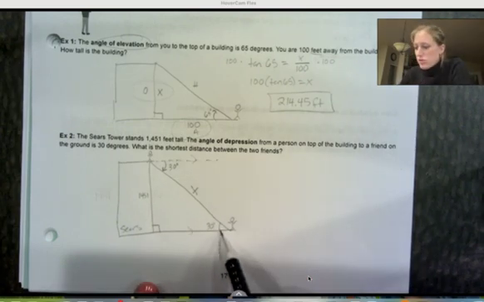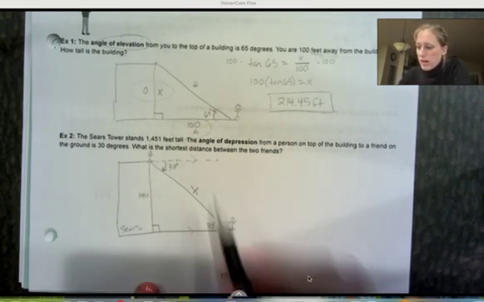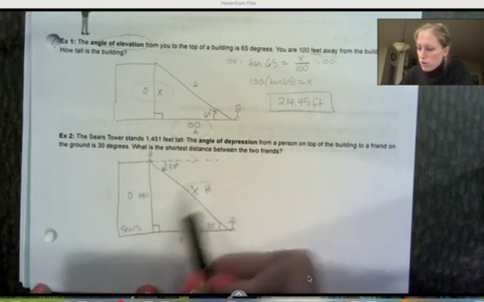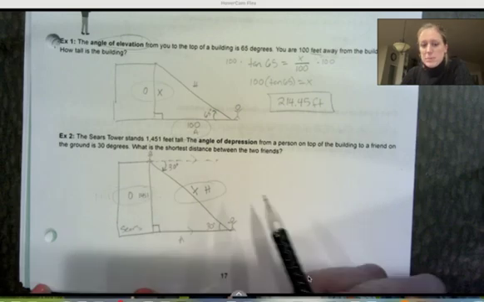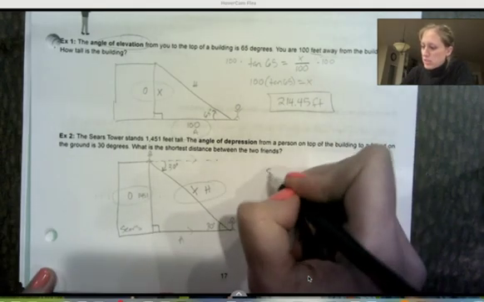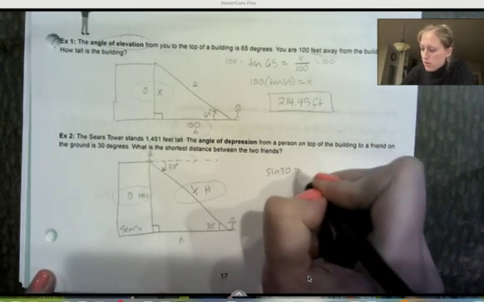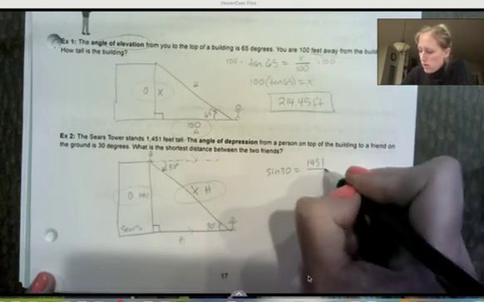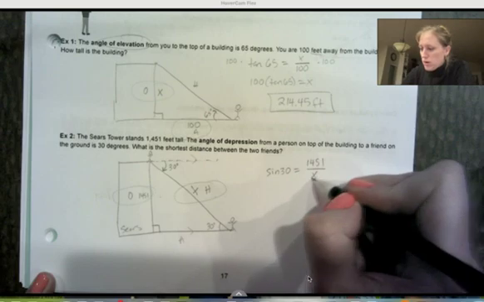So then I can do 30, here is my hypotenuse, opposite, adjacent. We're looking for the hypotenuse, we know the opposite, so O and H go with sine. So sine of 30 equals the opposite, 1451, over the hypotenuse, which we don't know.